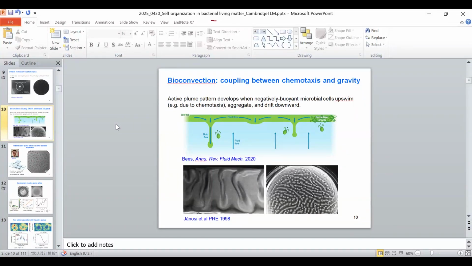So, talking about the ecological relevance, naively one would think that if they accumulate near the top and then passively sediment down due to gravity's pull, this would seem to reduce their ability to acquire more oxygen.